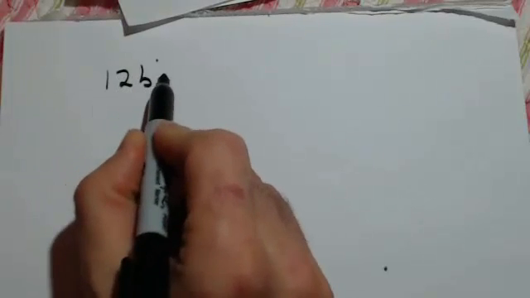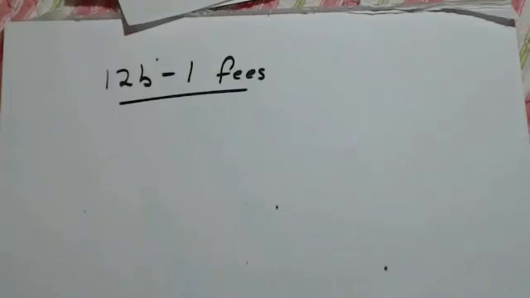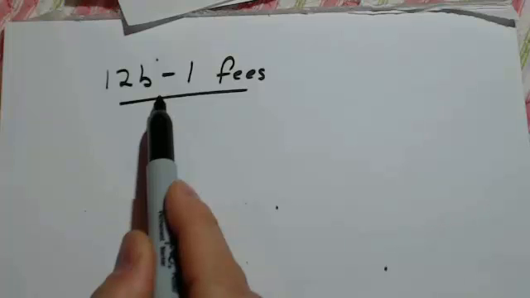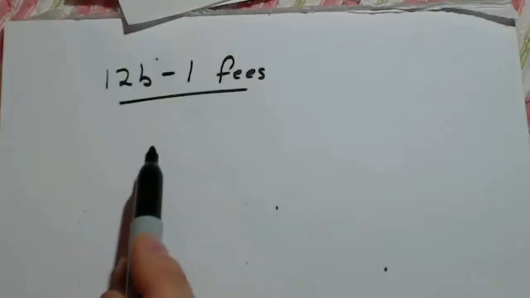which makes sense. There are special fees that you may not know, and they seem kind of weird, and one example would be 12B1 fees. 12B1 fees are named after section 12B1 of the Investment Company Act of 1940, which allows these fees to be charged.